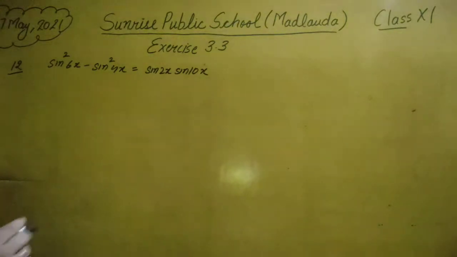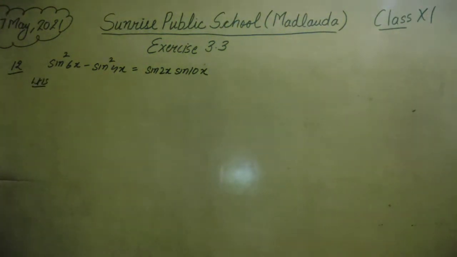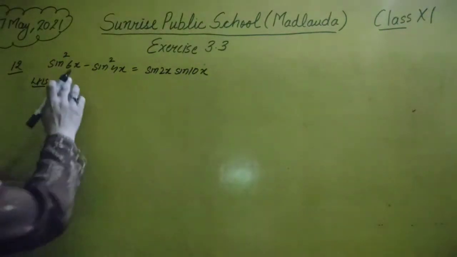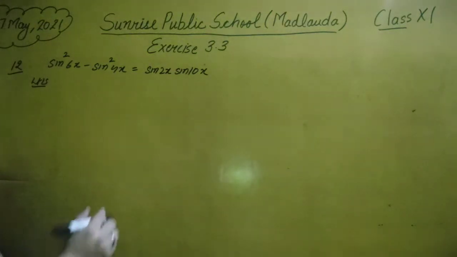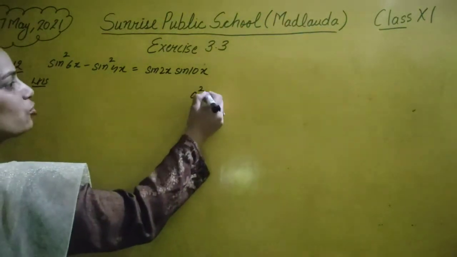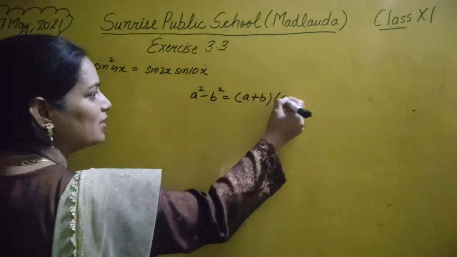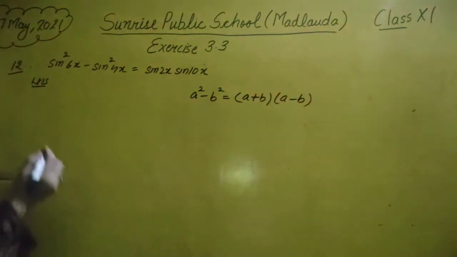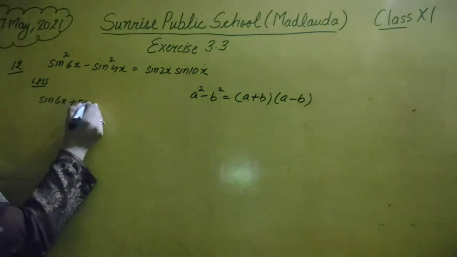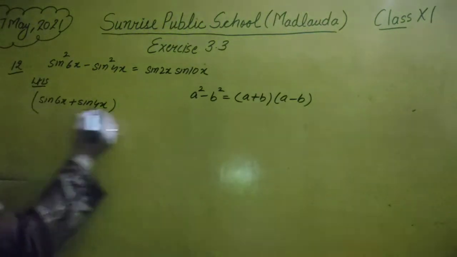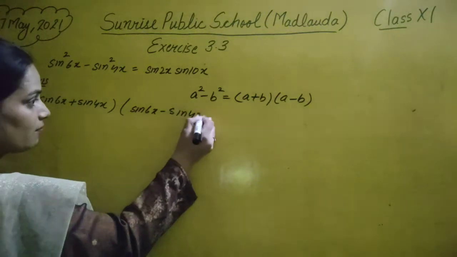So how will we solve this question? We will take our left hand side, sin square 6x minus sin square 4x. We will use the identity a square minus b square equals a plus b and a minus b. So we can write it as sin 6x plus sin 4x and sin 6x minus sin 4x.